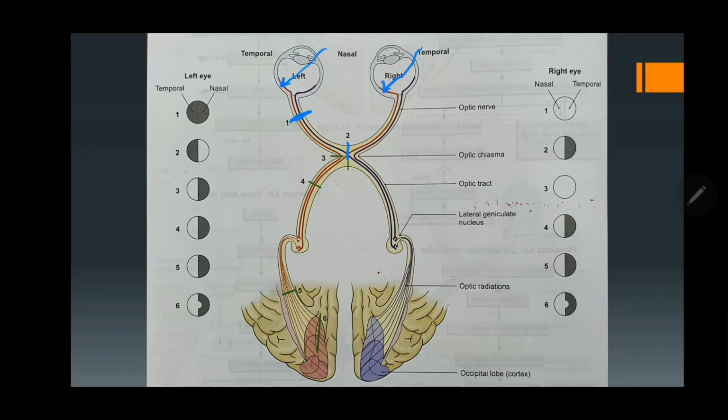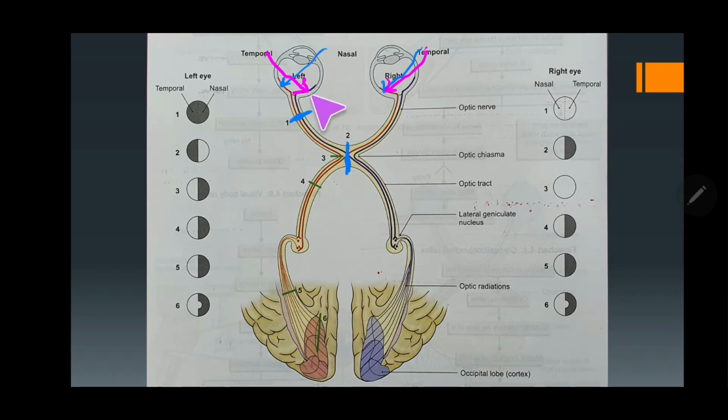Lesion number 2 is the antero-posterior, vertical slicing of the optic chiasma, and here the nasal fibers from the two eyes were decussating, and the nasal fibers actually perceive the images from the temporal half of the visual field, right? So you have seen that the nasal retina perceives the images from the temporal half of the visual field.